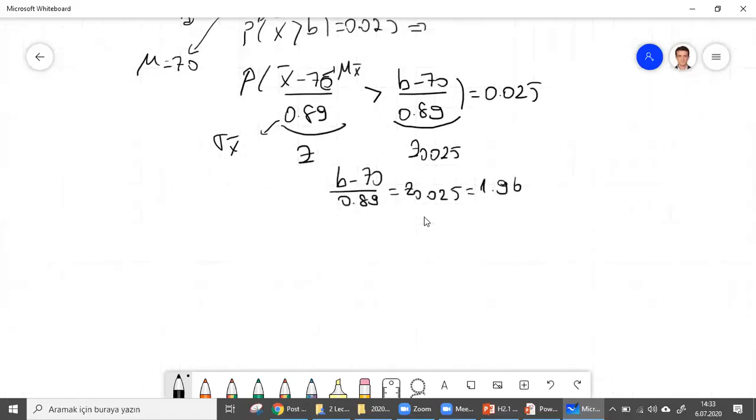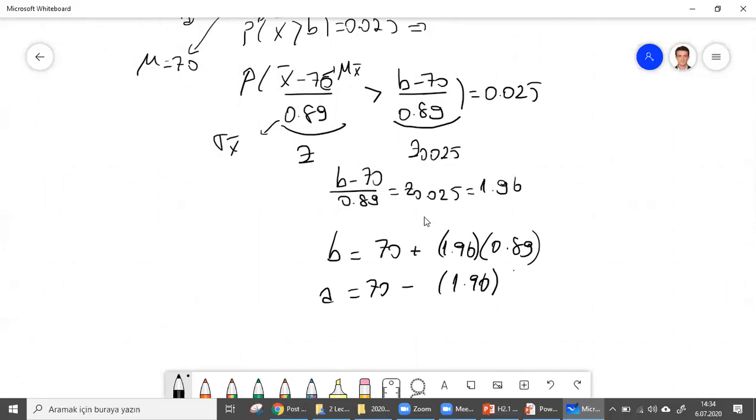Your B value is 70 plus 1.96 times 0.89. Similarly, A is equal to 70 minus 1.96 times 0.89.